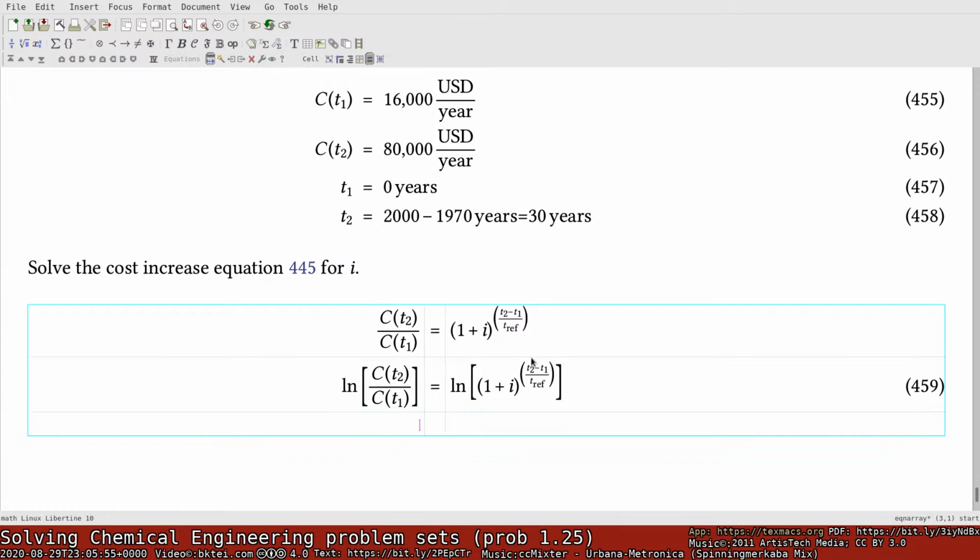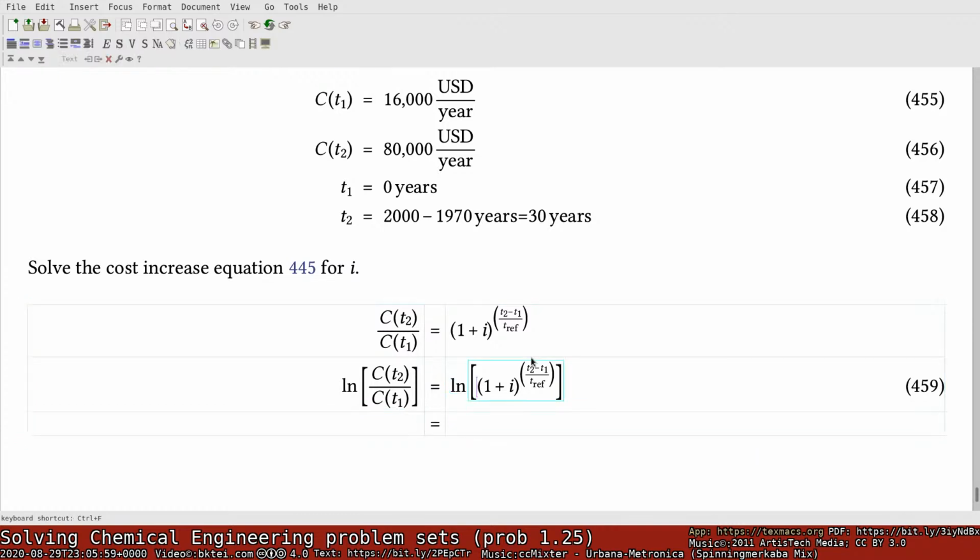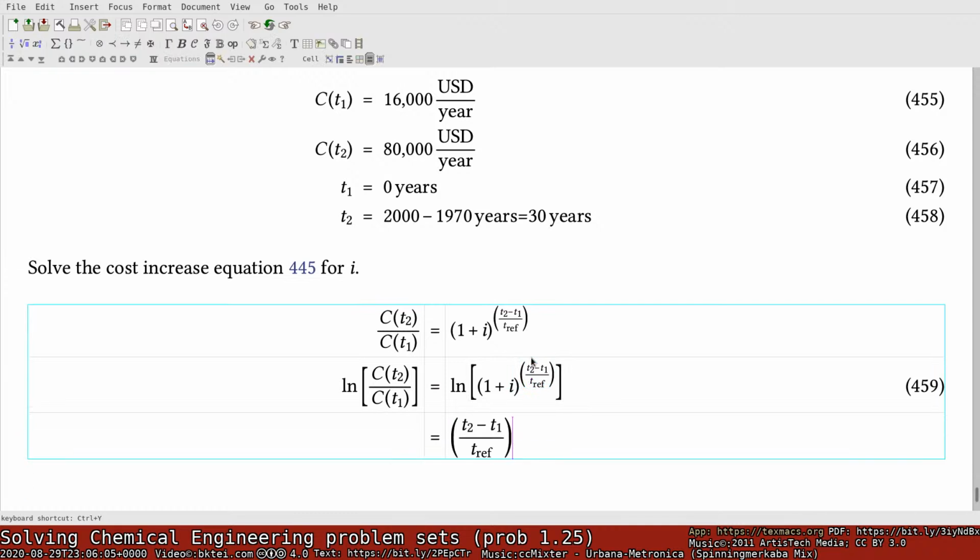And the main thing we're trying to get is this quantity in the exponent down, times natural log of this guy.